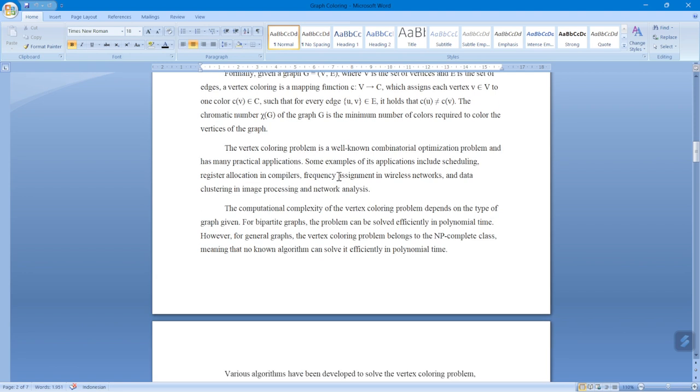The chromatic number of a graph G is the minimum number of colors required to color the vertices of the graph.